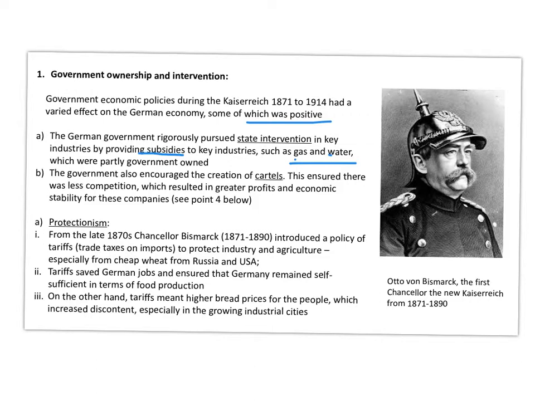And then the government also encouraged what we call the creation of cartels. Now what this did is it ensured there was less competition, and that resulted in greater profits and economic stability for these companies. Basically, what a cartel is, it's when two or more big private businesses combine and decide to work together to set the prices, and to decide the rules of the game between themselves.